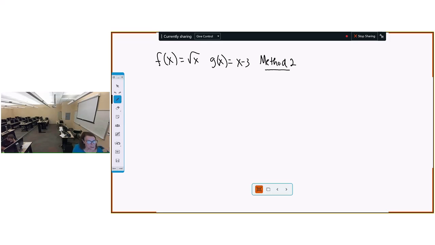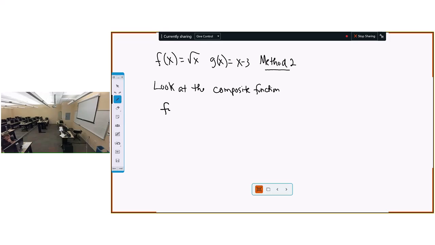Method 2 says, let's look at the composite function itself. Okay? Instead of looking at them individually, we're going to do the composite.